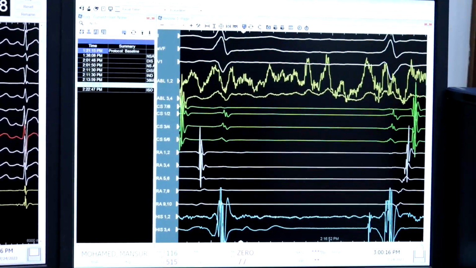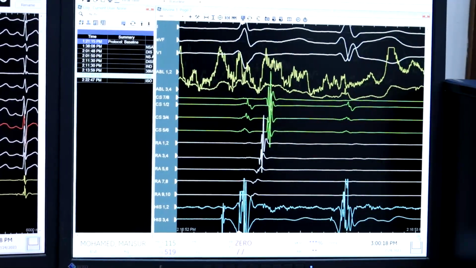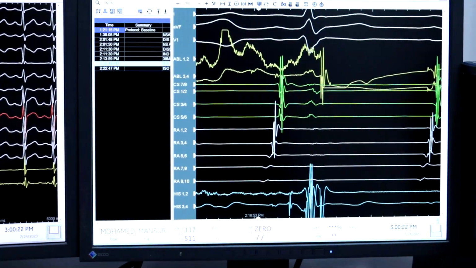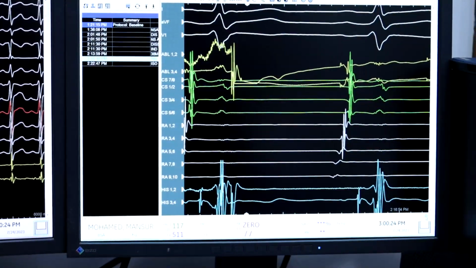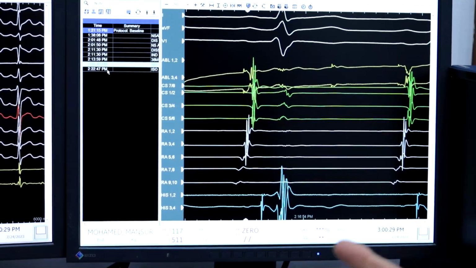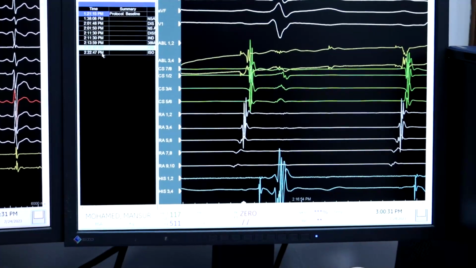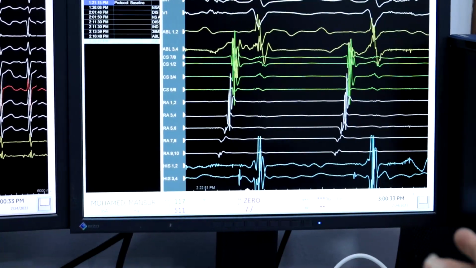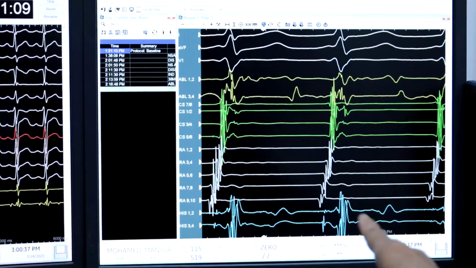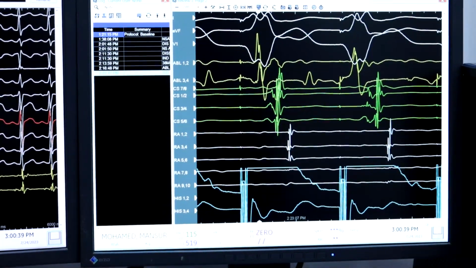And this is a junctional beat because we were ablating within the area in the roof of the CS. After that we potentiated the induction of tachycardia with isoprenaline. Here, this is the junctional rhythm from isoprenaline.